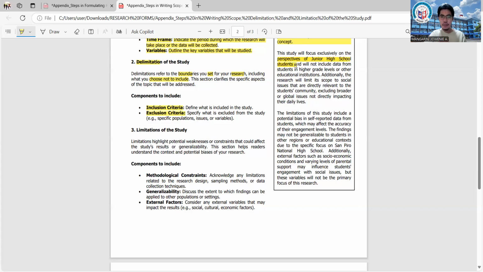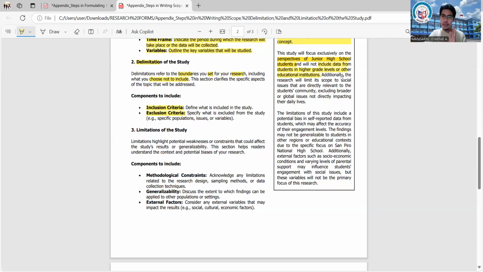And then, ano yung mga exclusion criteria? Hindi daw kasama dito yung mga data coming from the higher grade levels or other educational institutions. So, exclusion criteria, hindi kasama sa pag-aaral. So, in case tanungin ka ng panelist mo, alam natin kung ano lang yung coverage.